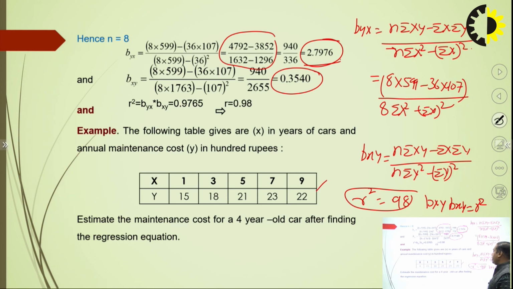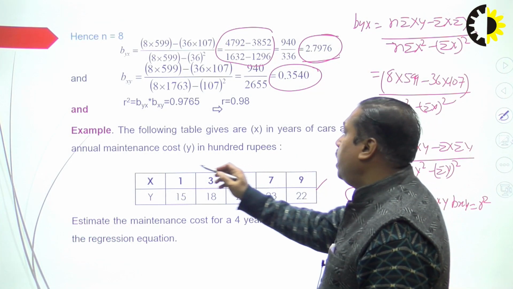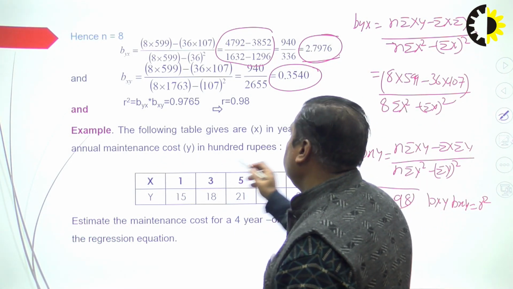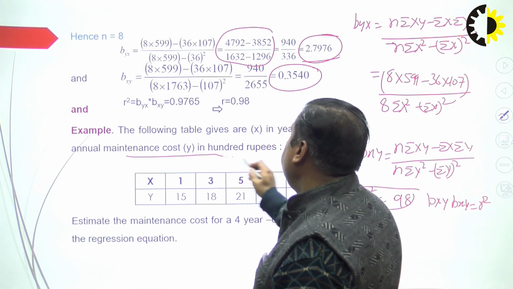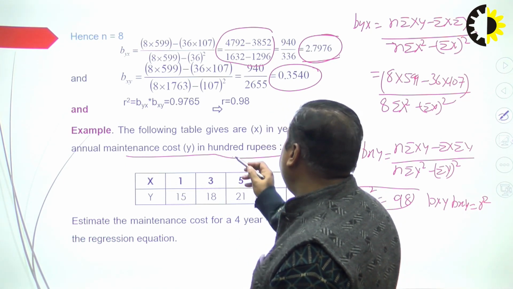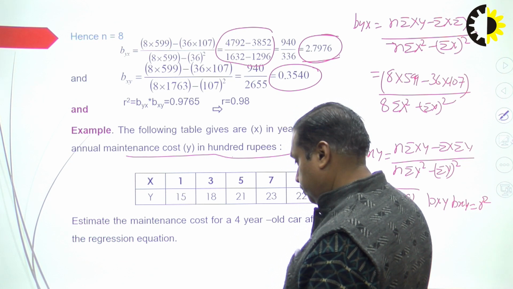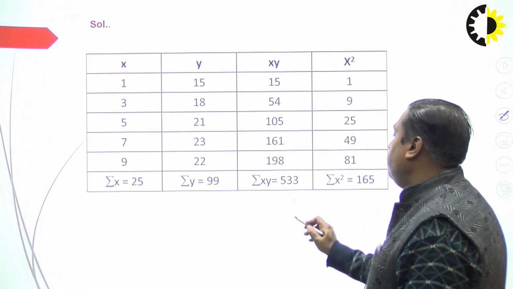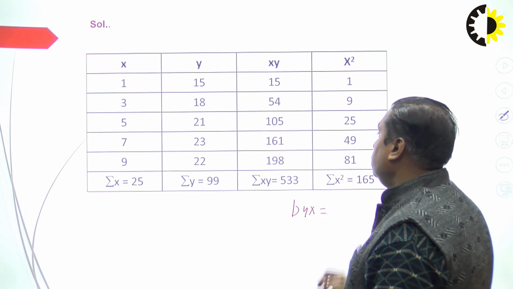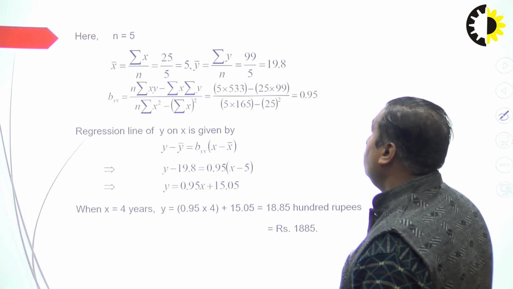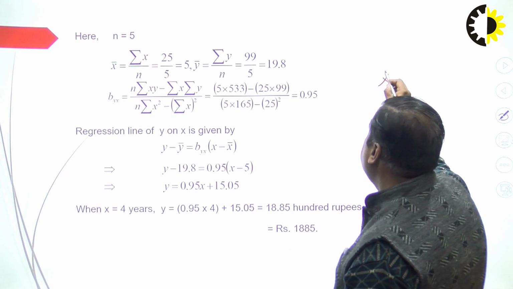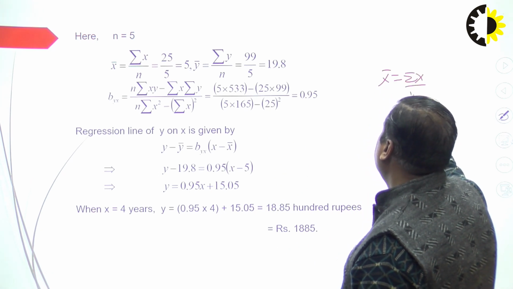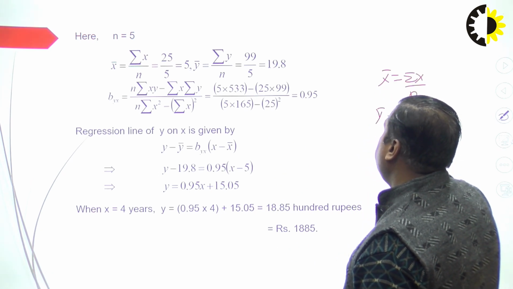If x and y are known, take another example: if there is a maintenance cost y given, estimate the value for x in years. That means x and y are given, and we have to calculate byx by the relation x bar is equal to summation x by n, y bar is equal to summation y by n.